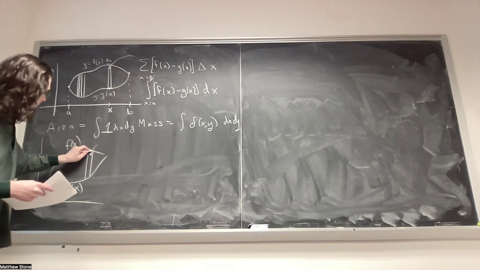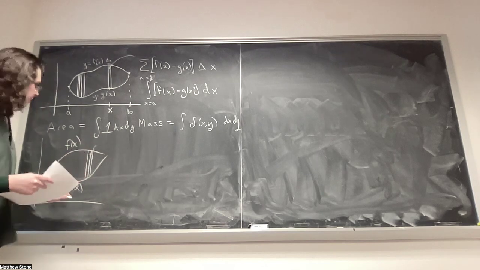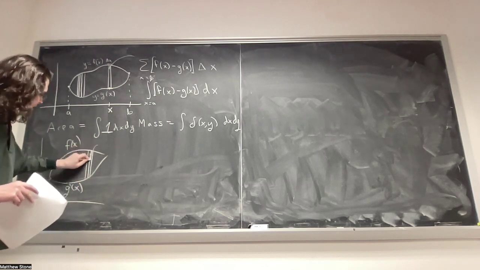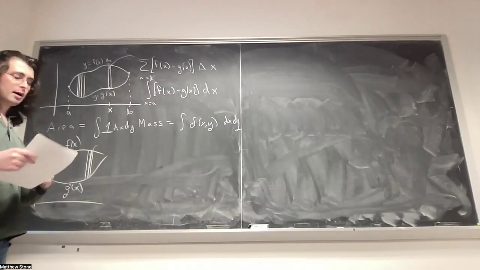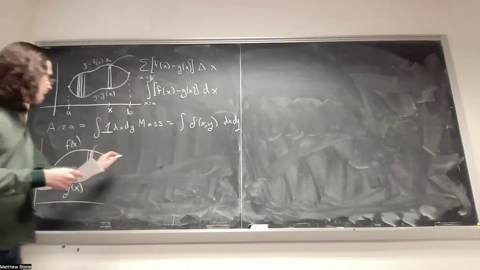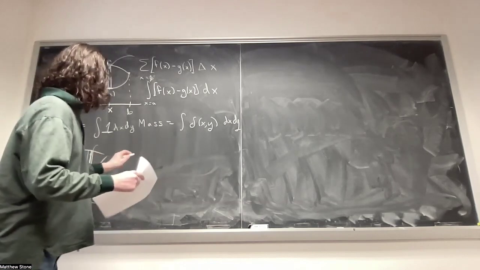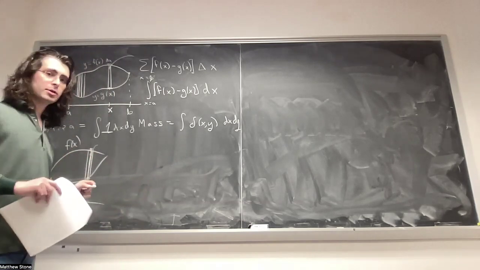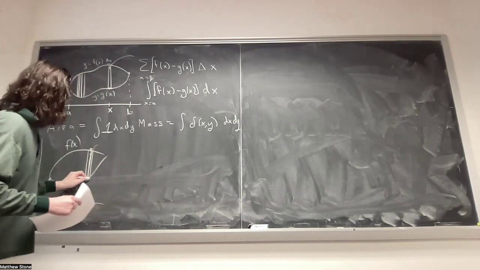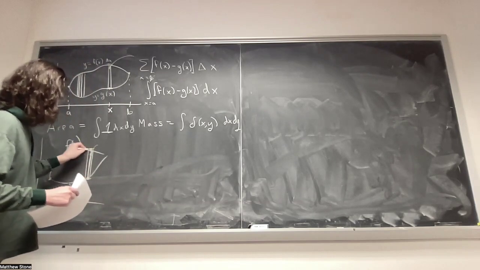We can think of this as a particularly thick line. If you were to go along a single line, you can compute the mass of that line, and that would be given by an integral. It is a one-dimensional thing, so it's going to be a one-dimensional integral going from the bottom to the top.